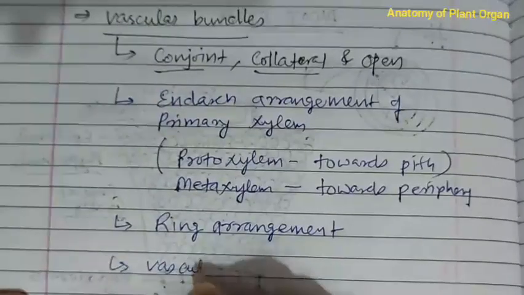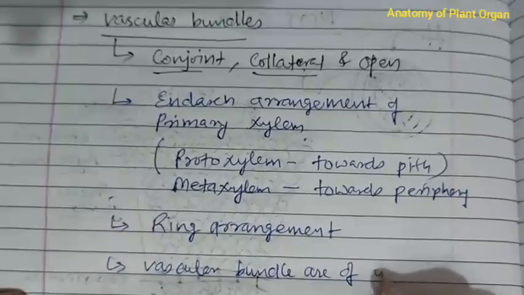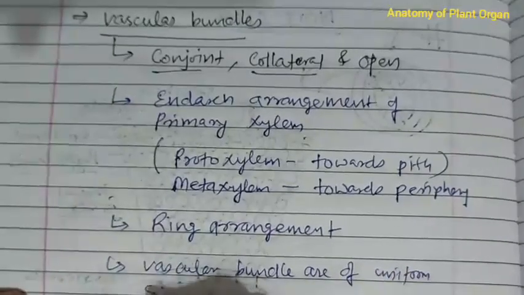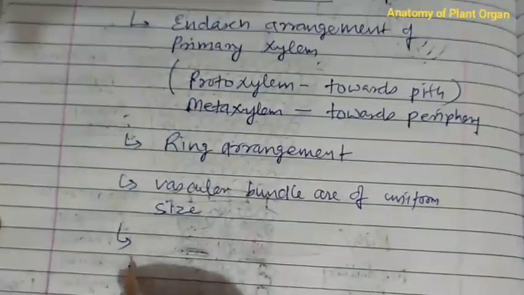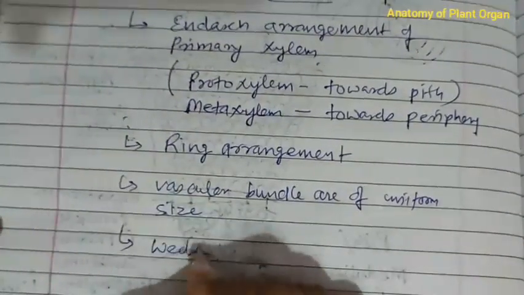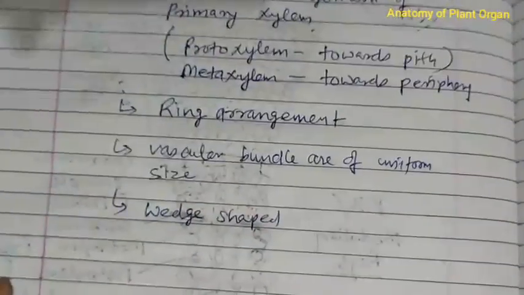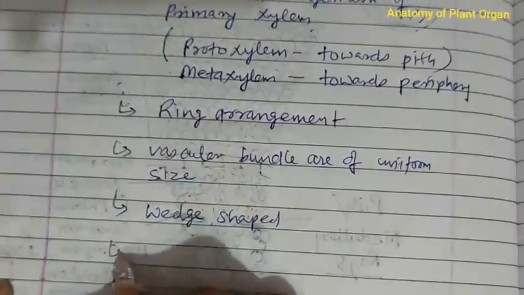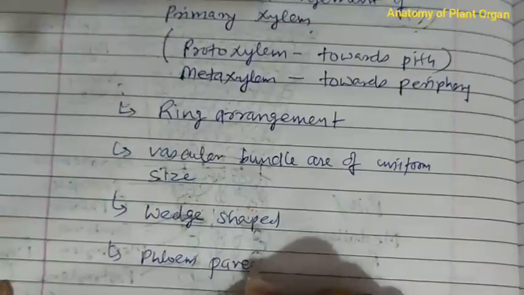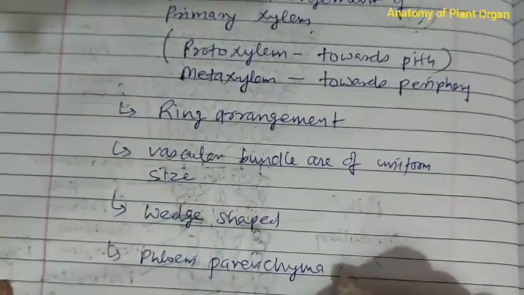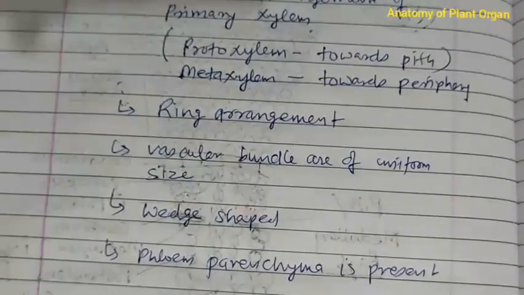Vascular bundles are of uniform size in case of the Dicot stem. They are wedge shaped, with vessels arranged in rows, and phloem parenchyma is present in the phloem.